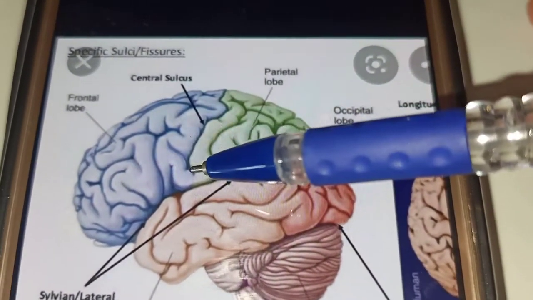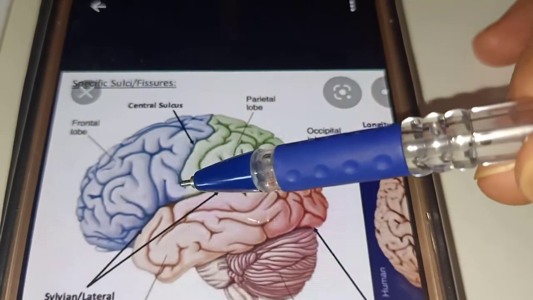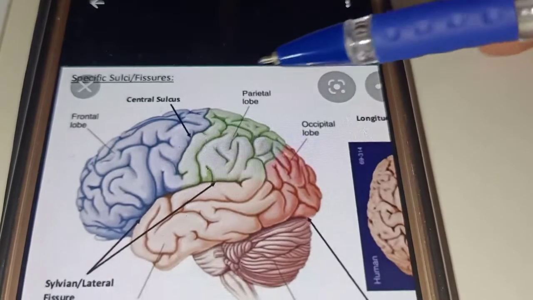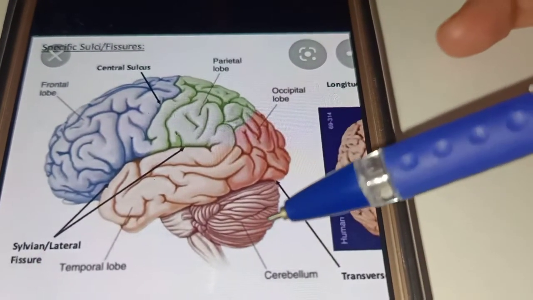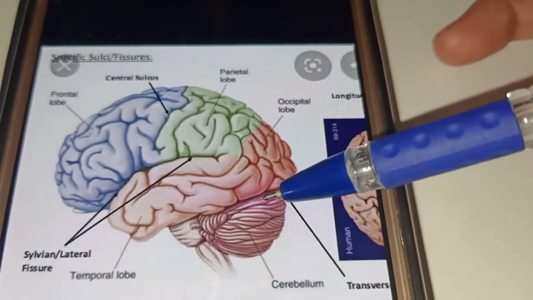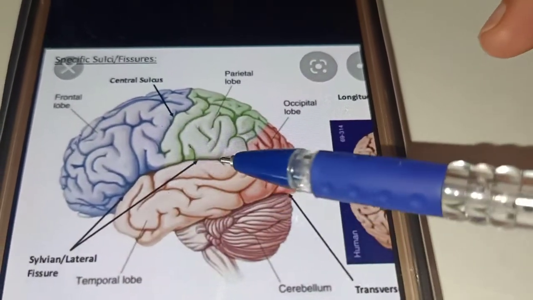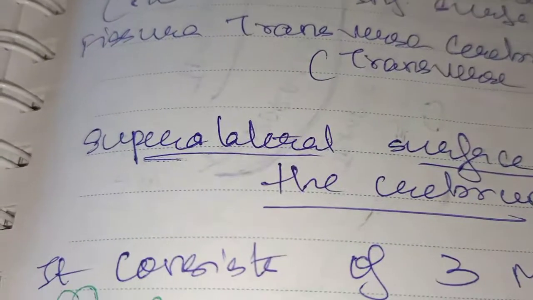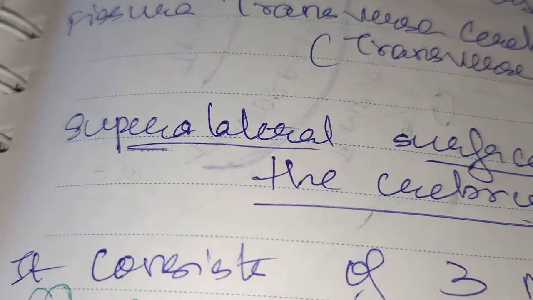This is the central sulcus, one would be the parieto-occipital sulcus here, and there would be the lateral sulcus. So there are three sulci present.